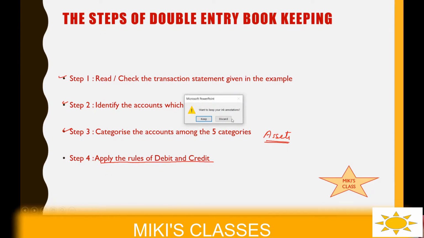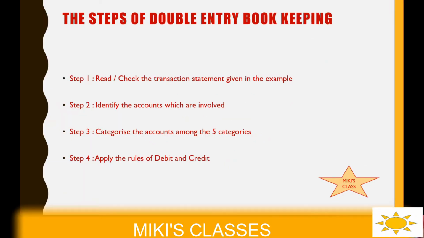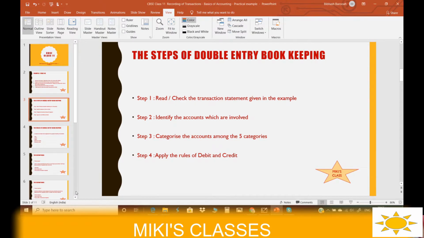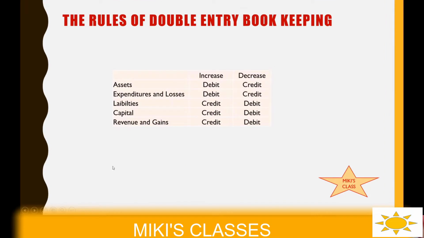Okay. So what do we have to do here? We have to use these rules now. So we know that in this case, the two accounts involved are cash and bank.